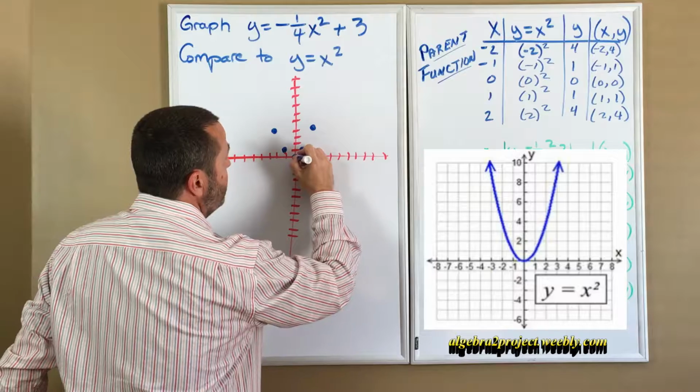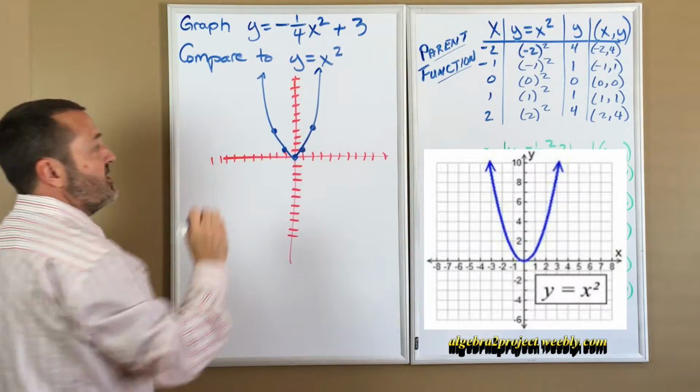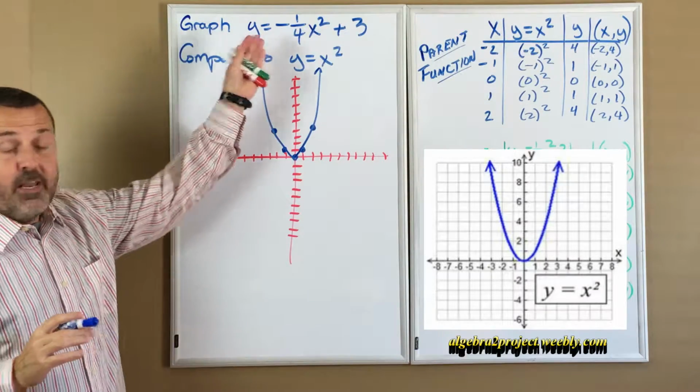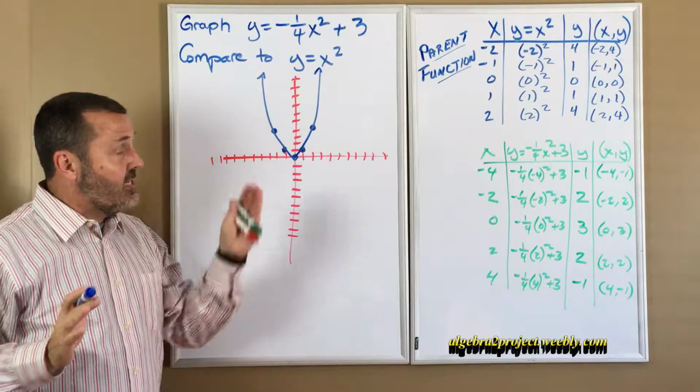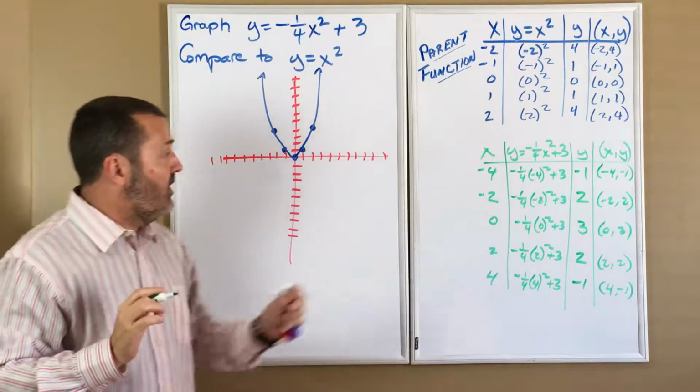Now, if I can use my best rendition. That's not bad for my parent function in blue ink. Now, the green one is the new one. We're comparing it to the parent. Now, we will use the green ink for our new function.